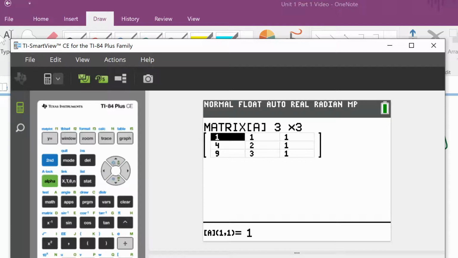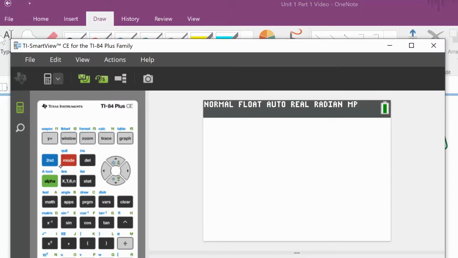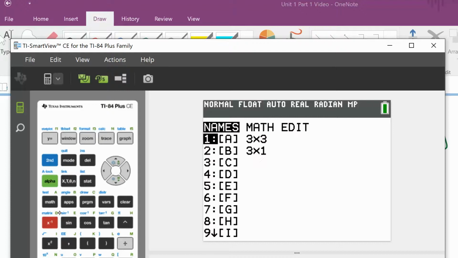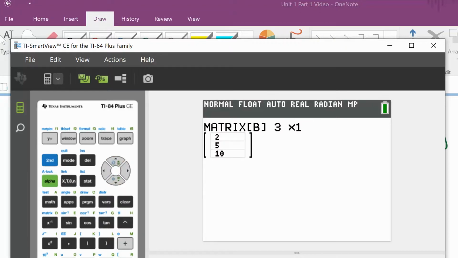So it's in there. All right, and then you quit out of that, and then go to matrix again, and then you want to do the B matrix. So you got to edit that, the B matrix, and you want to put 3 by 1, and then you're going to type in 2, 5, and 10. And just type those in, hit enter.